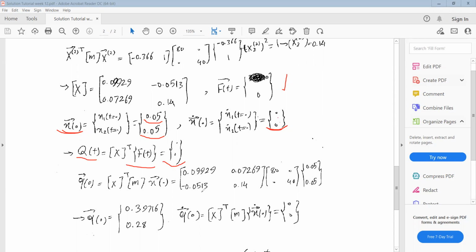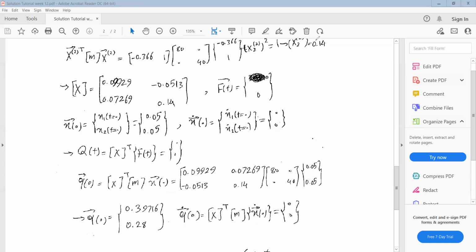The initial displacement vector can be calculated by the formula x transpose multiplied by M times the vector x naught, and the initial velocity can be calculated from x transpose multiplied by M multiplied by x dot at t equal to 0, which is 0, so q dot will be 0.